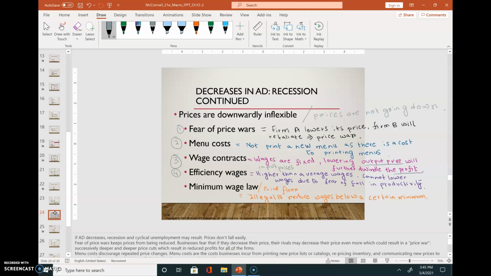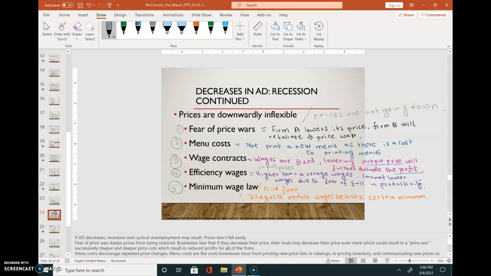Number 4, efficiency wages. This started during the 1930s with Ford's $5 a day wages. So efficiency wages means higher than average wages. And if wages go down, there will be a fall in productivity, because workers will lose their morale. Now number 5, the fifth reason why wages and prices do not go down is we have a minimum wage law, which is called a price floor.